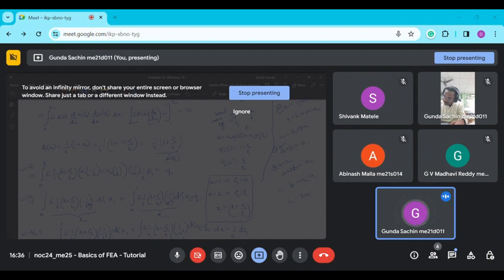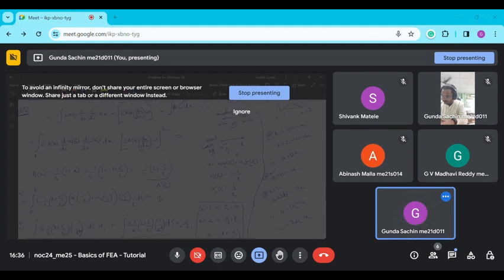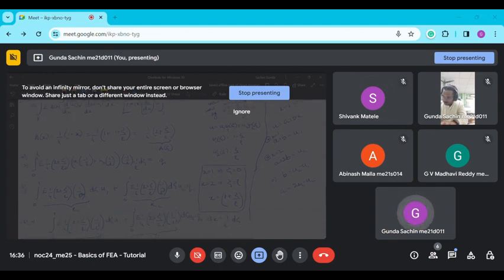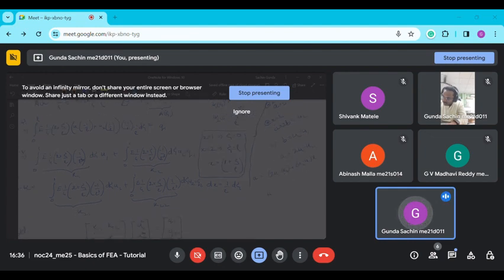Then you will have b as u2 minus u1 and a as 2u1 minus u2. Are you following this one?